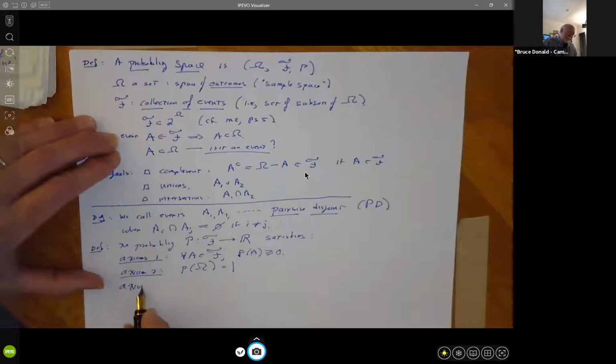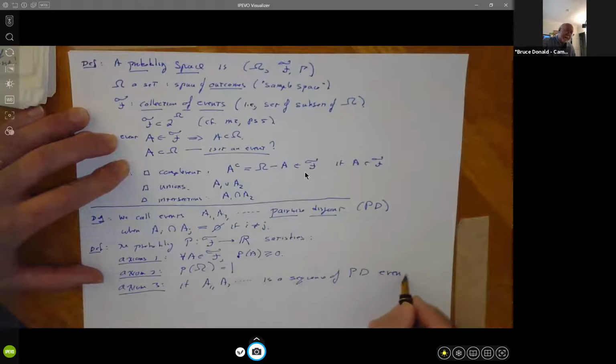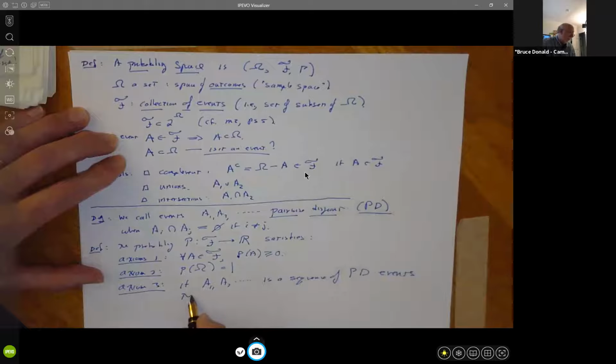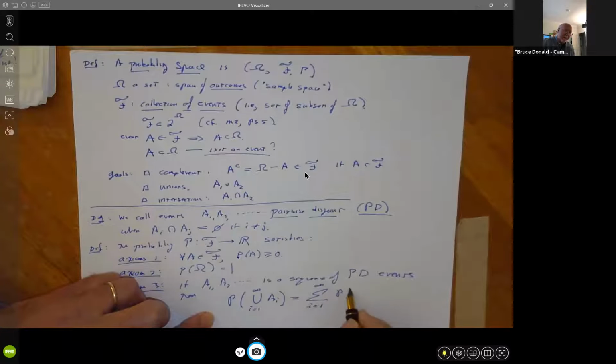And axiom 3, which is the most interesting and most powerful, is again, if A1, A2, all the way up is a sequence of pairwise disjoint events, remember, pairwise disjoint is defined here, then we have that the probability of the union of these events, the union for i equals 1 to infinity of Ai, is equal to the infinite sum, i equals 1 to infinity, of the probability of each one of these.